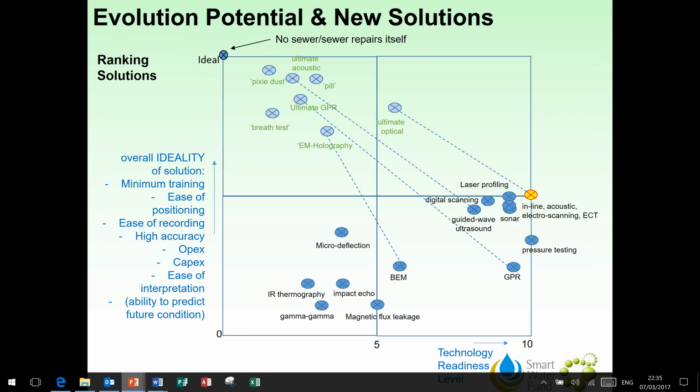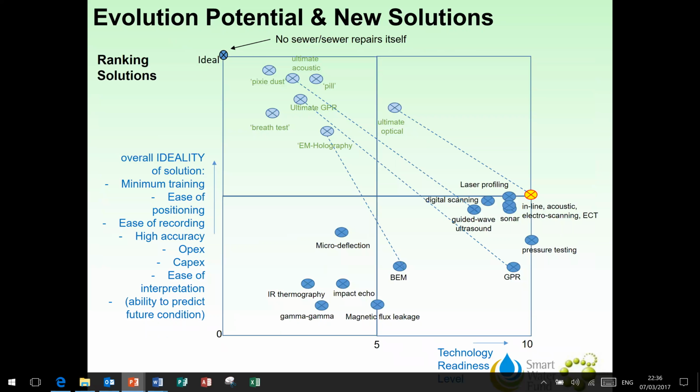Those dotted lines basically mean that, let's just take the one from Panorama, the yellow datum one. If you follow that dotted line, it's heading backwards and upwards to what we've called ultimate optical. That basically says if you take today's Panorama technology and you extrapolate along some of these known directions, then this is where it will end up.